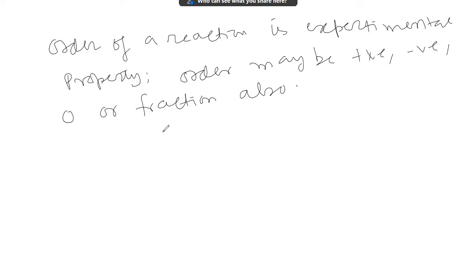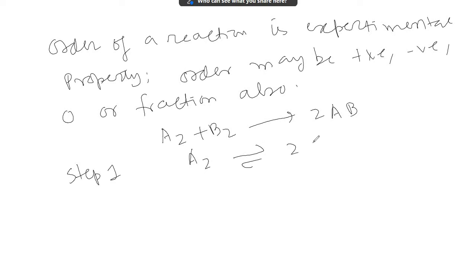So let us look at the reaction. A2 plus B2 gives you 2AB. It is the overall reaction. The steps that take place in the reaction are as follows. Step 1, A2 reversible 2A. That is the first step. It is known as the K equilibrium because it is a reversible case.